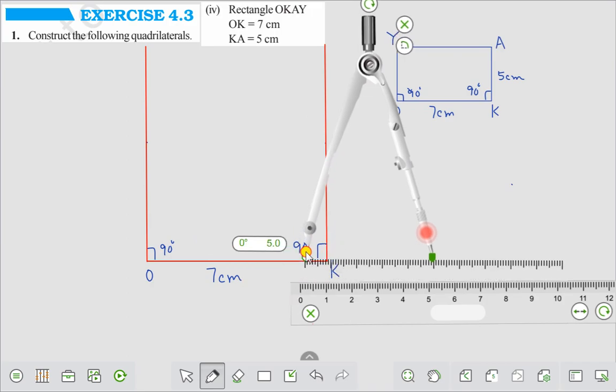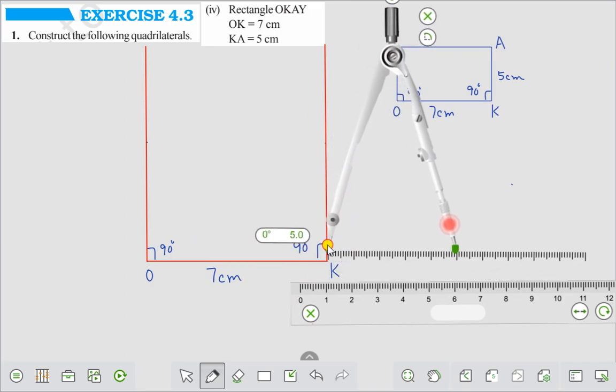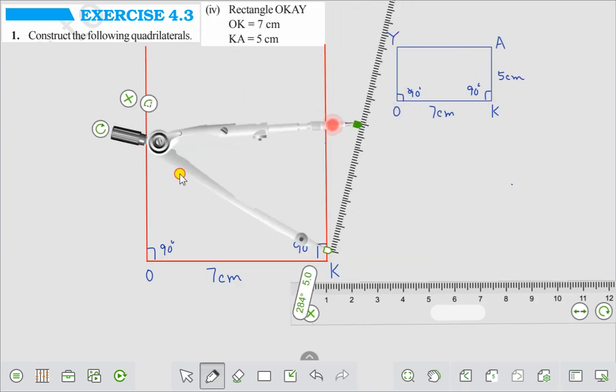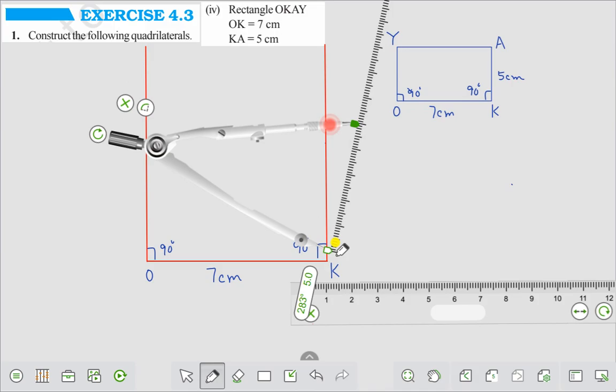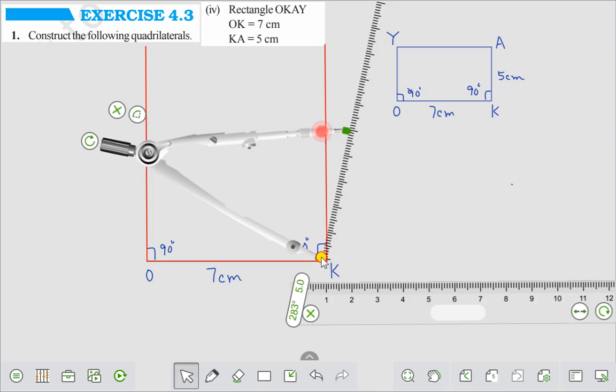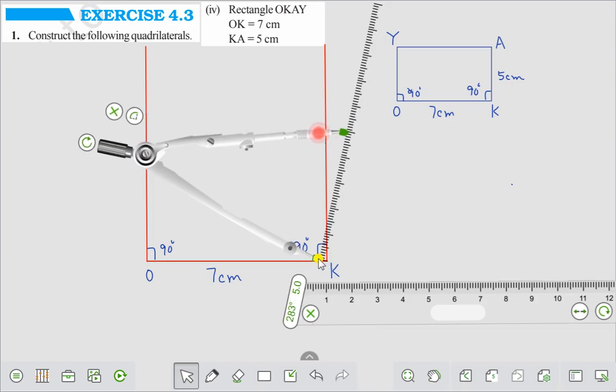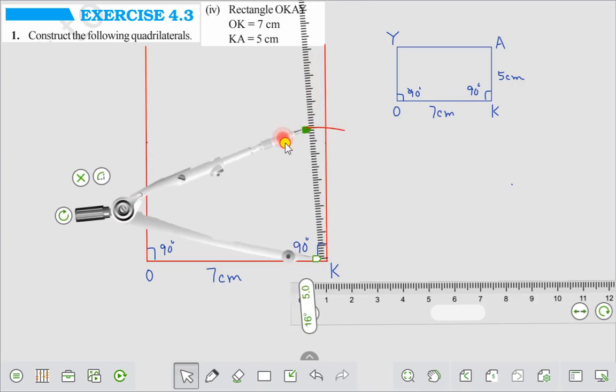And taking the pointer at K, make an arc of 5 centimeter here. This is 5 centimeter, right?